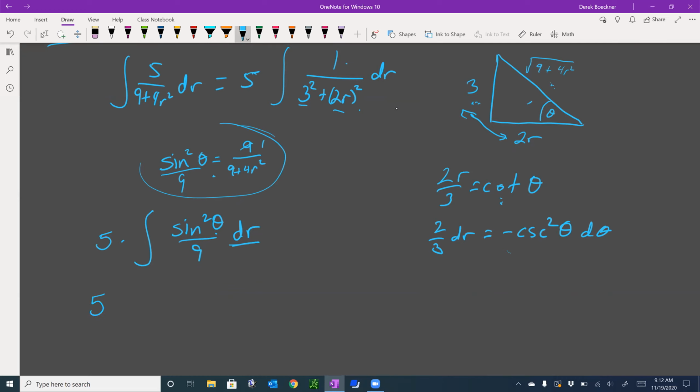So here I've got 5. I'm going to pull that 9 outside. I've got sine squared theta. And then we have dr, which is going to be minus 3/2 cosecant squared theta d theta. Okay. Sine squared and cosecant squared cancel.